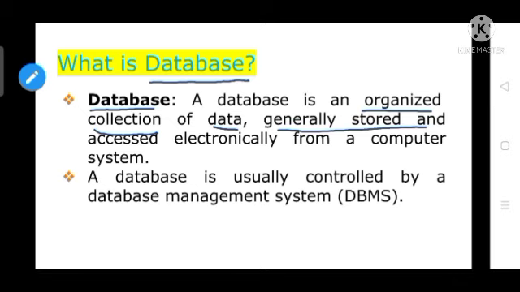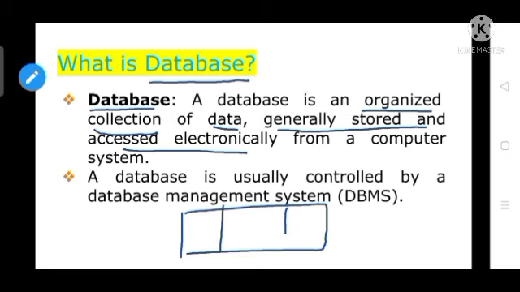Generally it is stored and accessed electronically from a computer system, and all the data is stored in a tabular form, meaning all the data we can keep in a table, and this is known as a database.